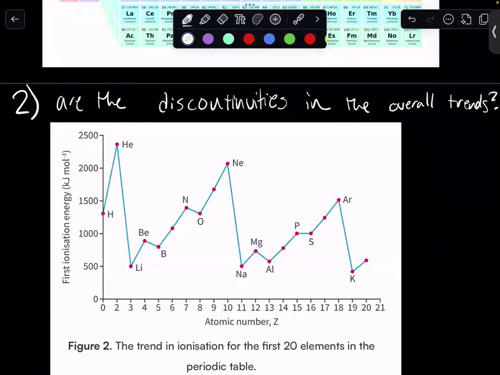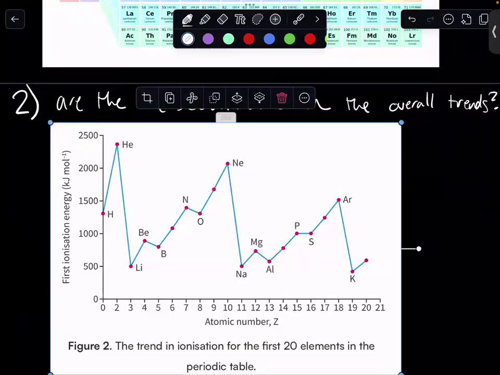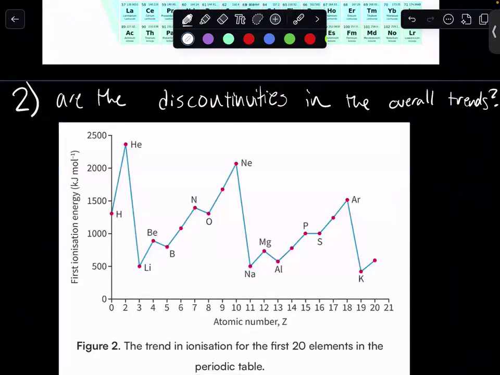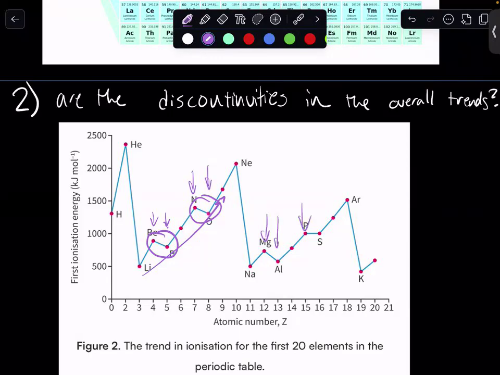And as we look at our image, while we notice our trend is overall increasing, we have this discontinuity here and discontinuity here between our second and third element and between our fifth and sixth element. Again, between our second and third element, between our fifth and sixth element.